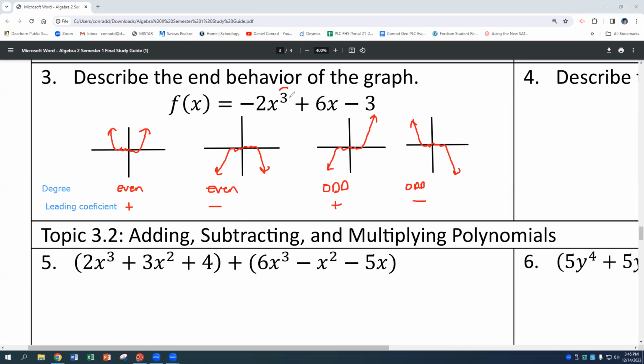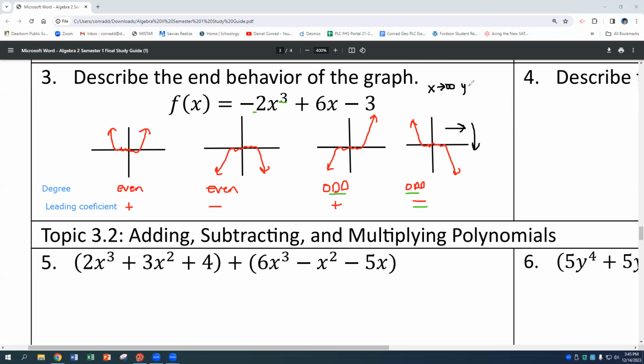Okay, this is degree 3. Third degree, so it's odd. And then the leading coefficient's -2, so it's negative. So our end behavior is going to look like this. So how we're going to write that is, as x goes to infinity, so as we go to the right, we are going down.